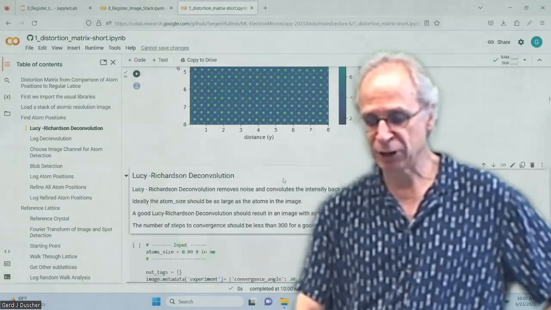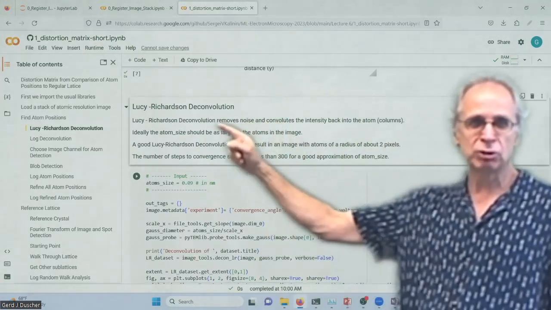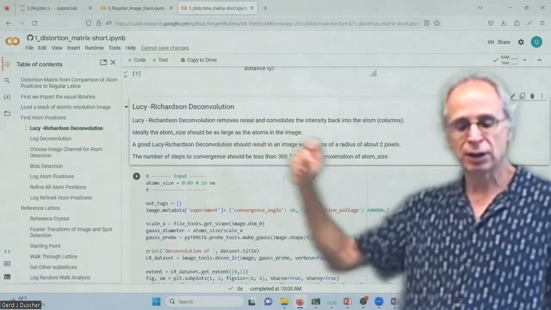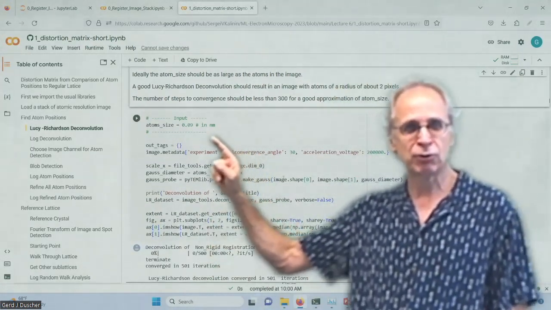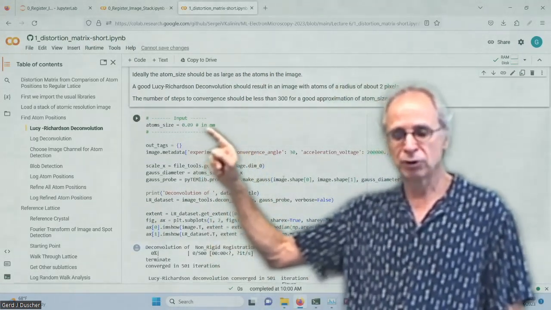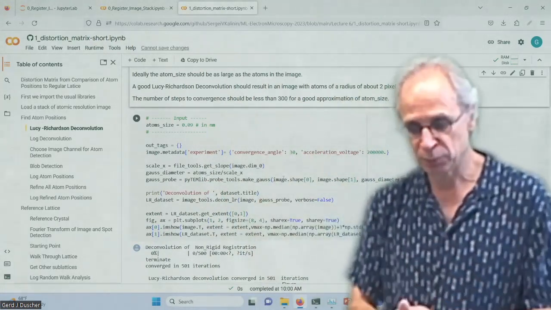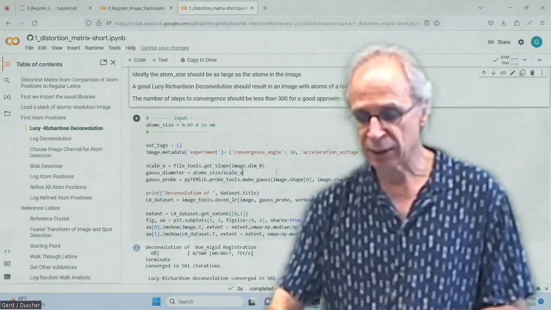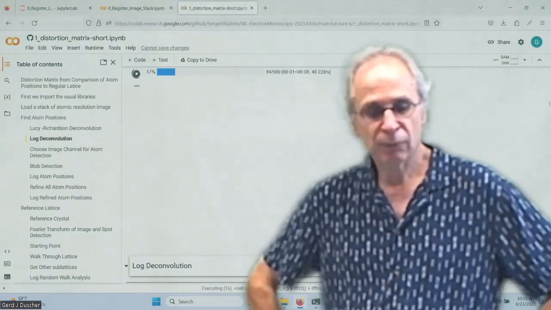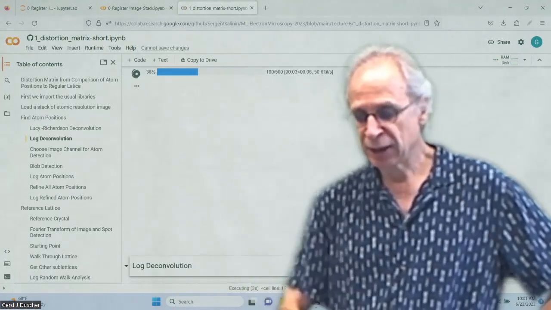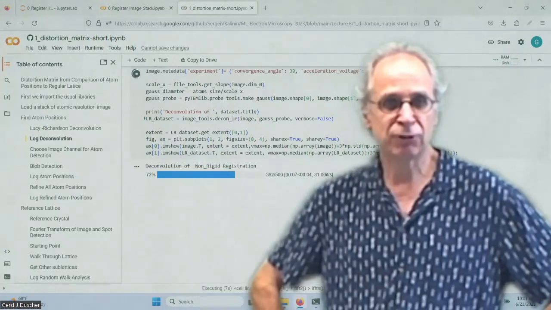Now we have an image. And what we do with this image is a Lucy-Richardson deconvolution. And for that, you have to input how big the atom is in that view. In our case, the atoms are about 90 picometers, and the Lucy-Richardson deconvolution is relatively fast.